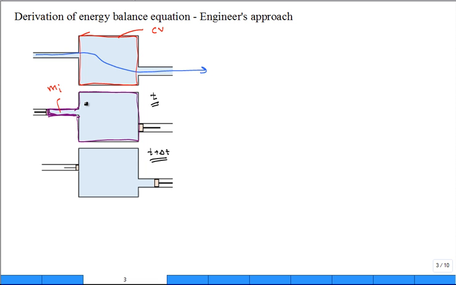So the mass that's purple deforms. It looks like this shape at time t. After time t plus delta t, it's in this shape, which means some of that deformed and pushed out of the control volume, exited the control volume. This is the mass that exited.